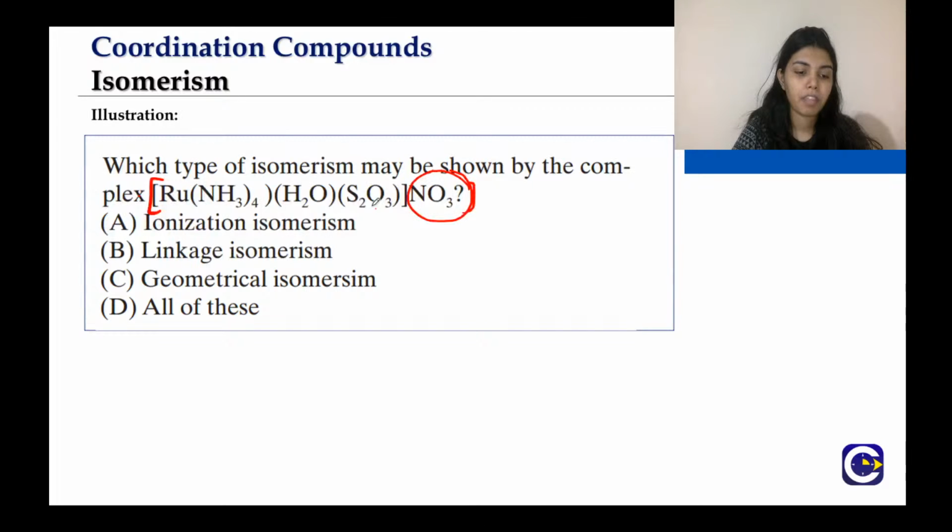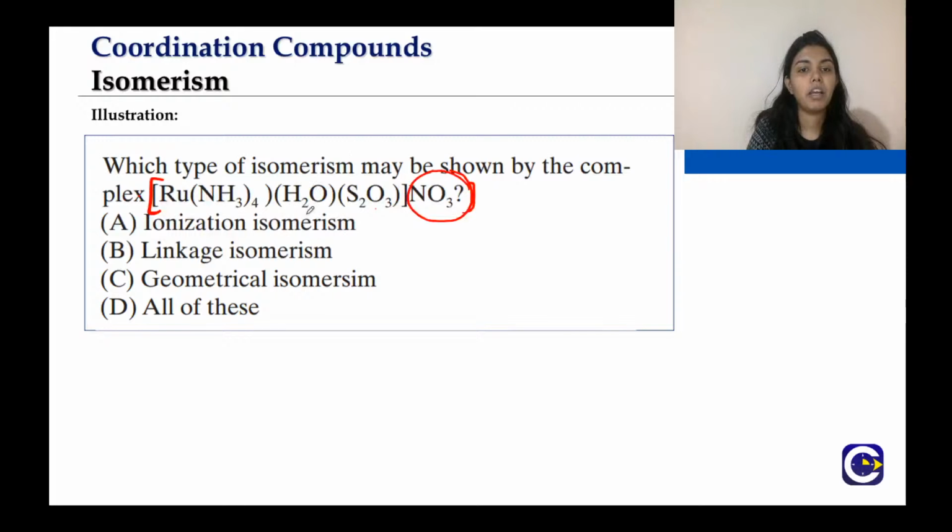Okay. What about others? Charm has given the answer as D. What about others? See, ionization isomerism can be shown.